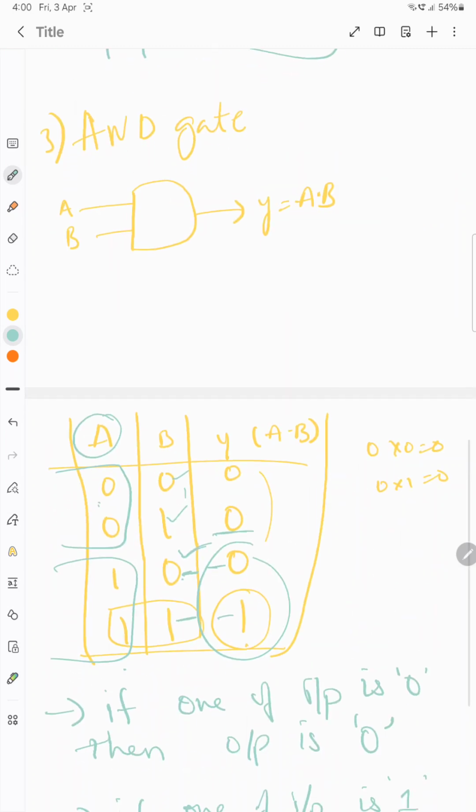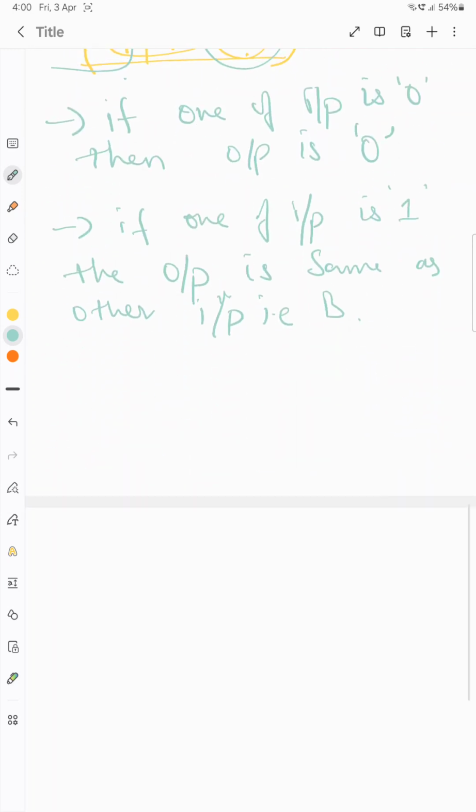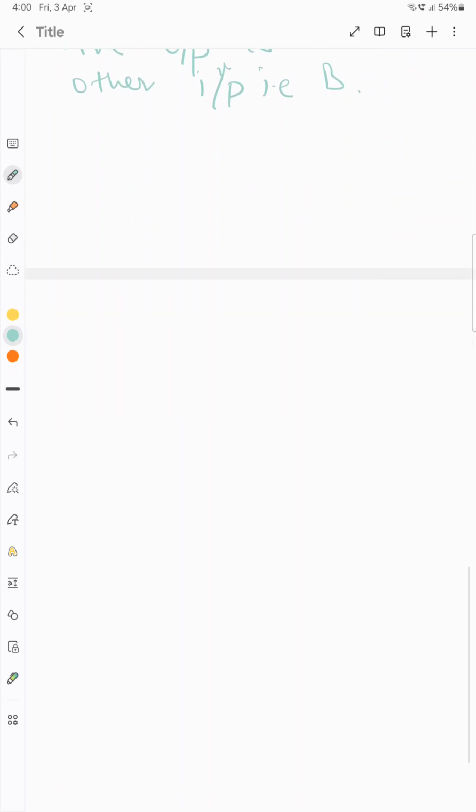This is AND gate. AND gate is finished, OR gate is finished. Now we'll go with the complementing of this, the NAND gate. What is it? NAND gate. So basically NAND gate is the complement of AND gate. AND gate we describe like this, right?